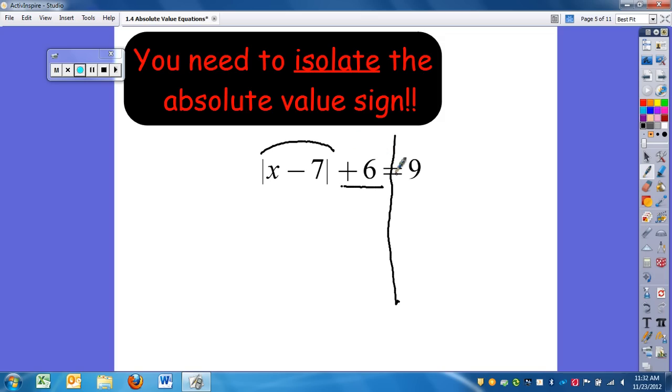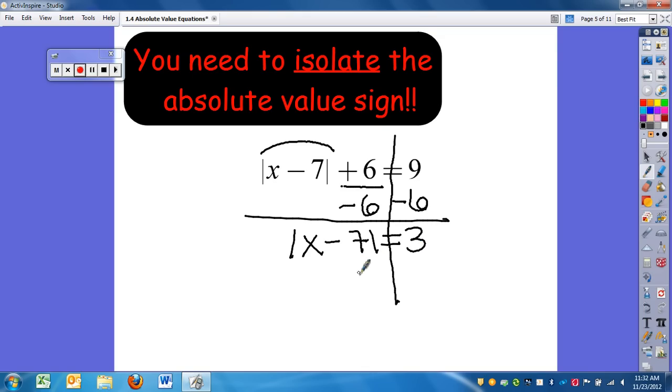So we need to move this term before we can start our two equations. It's adding 6, so I'm just going to do like we do with equations. We're going to minus 6. And then I have the absolute value of x minus 7 equals 3. Now I will do my two separate equations where I have x minus 7 equals 3, and then I'll have x minus 7 equals negative 3 and finish it out.